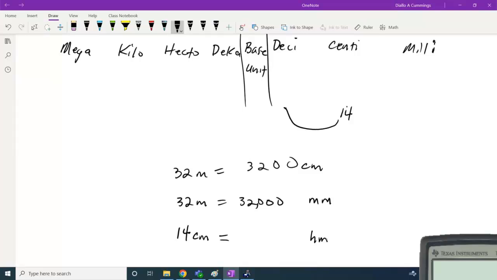I move it once, and now I'm at deci. Twice, now I'm at the base unit. A third time, I'm at deca. A fourth time, now I'm at hecto. So I must put 4 zeros in front of the 14. So I have 0.0014.